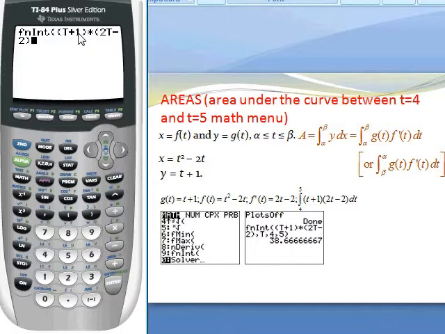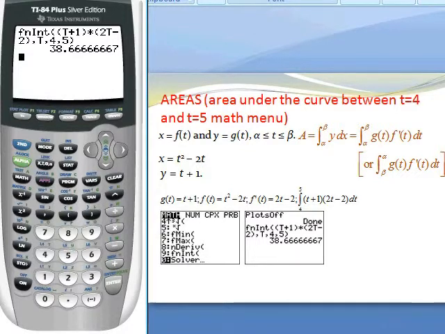So you enter the function first, and then you put a comma. You put your parameter, which is t in this case, comma, the lower limit, which is 4, comma, upper limit, which is 5. Then you can close the parentheses, and you push enter, and you're going to get the area. So this is another button that we just learned how to do.